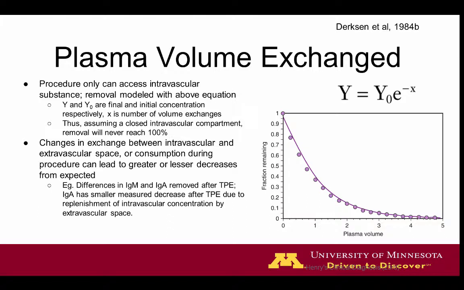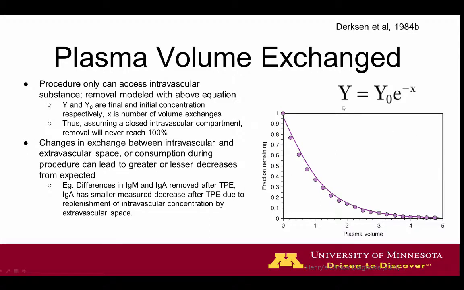In terms of the plasma volume exchange during apheresis, even though you process 1 or 1.5 full amounts of plasma volume, meaning that essentially you're treating all the plasma that's within the human body at a time, you can't really remove or get at 100% of what is in the plasma.